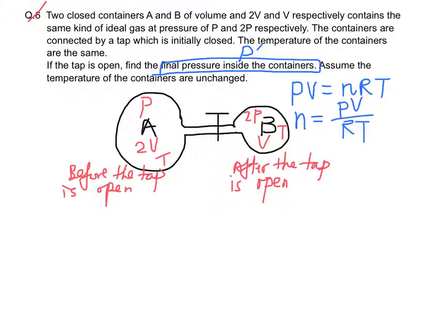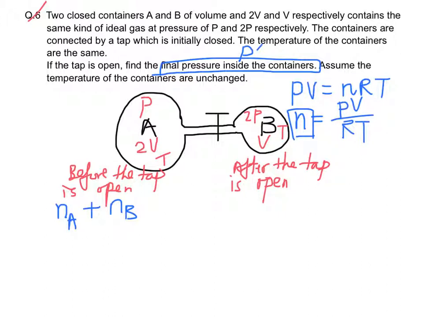Since the total number of mole of gases is conserved, that means before the tap is open, the number of mole of gas in A is Na and that in B is Nb.